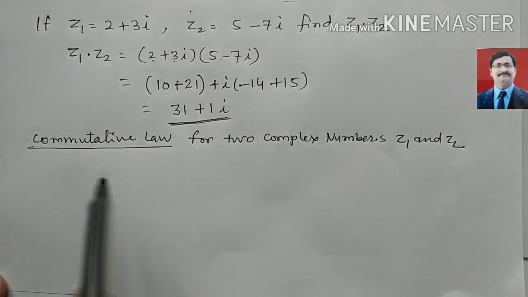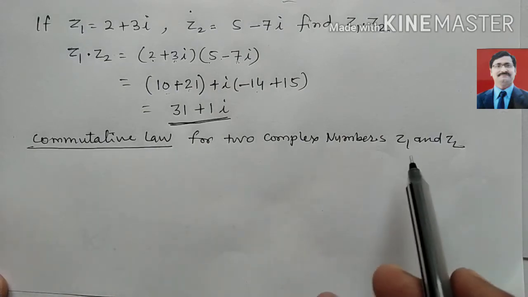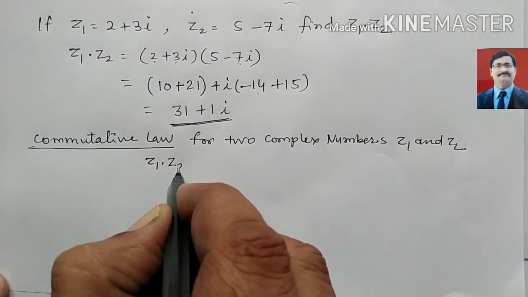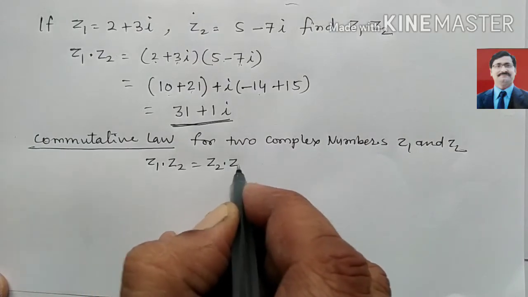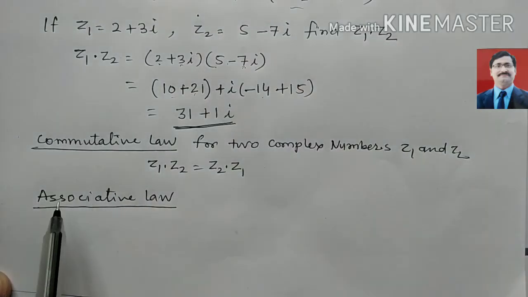The multiplication also follows the commutative law. So for two complex numbers Z1 and Z2, you can write here Z1 into Z2 equal to Z2 into Z1. Both will always be equal. Look here, it will follow the associative law also.